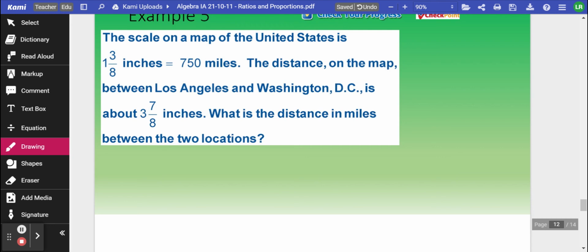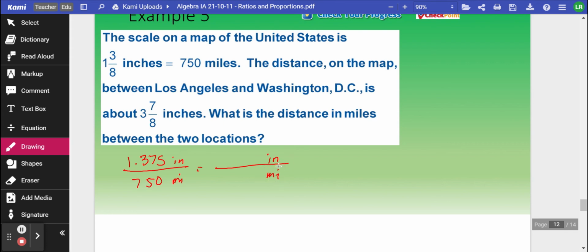What is the distance in miles between the locations? So again, I would turn these into decimals. So 3 divided by 8 is 0.375. So this would be 1.375 inches over 750 miles.